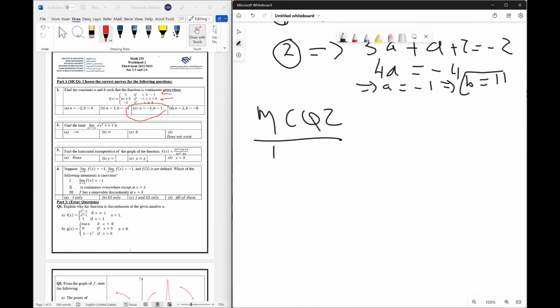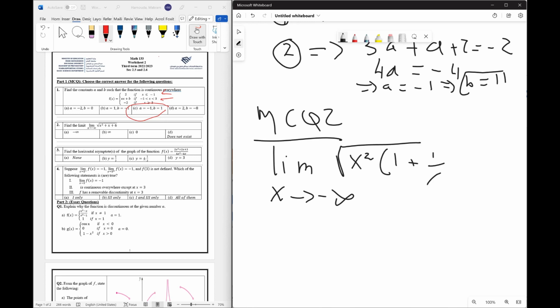So first thing, if we substitute, of course, this will give an indeterminate form. So I will try to change the expression a little bit. So I will put x squared as a common factor inside the square root, so factor 1 plus 1 over x plus 6 over x squared.